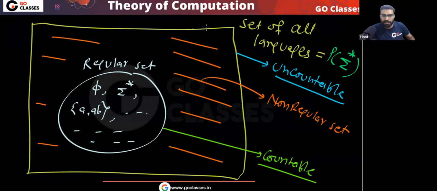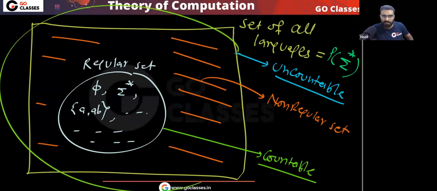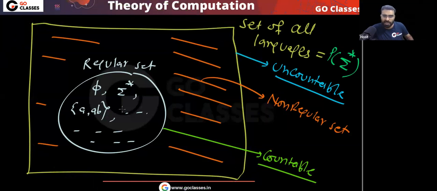See, this complete set of all languages is uncountable. The set of regular languages is countable. So what should be the remaining set of all non-regular languages? This will be uncountable, right? Yes or no?